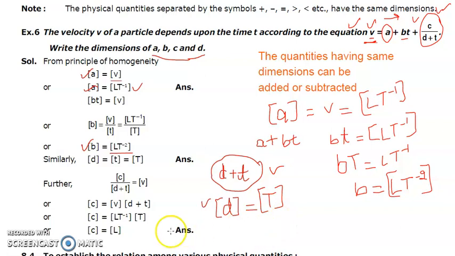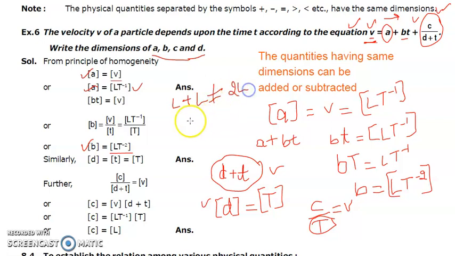Now the next part that is left is to calculate the dimensions for c. What we'll do is we'll simply take c upon T should have the dimensions for velocity. Why have I written T here? You need to remember one thing in dimension analysis: length plus length is not equal to twice length.